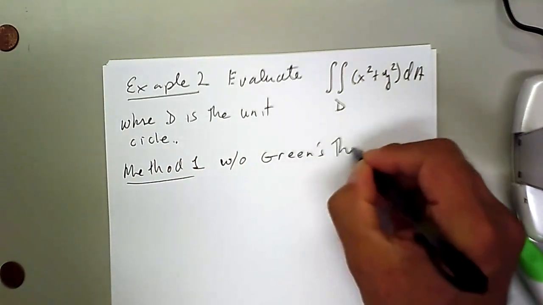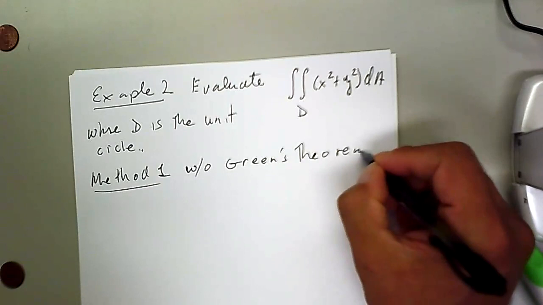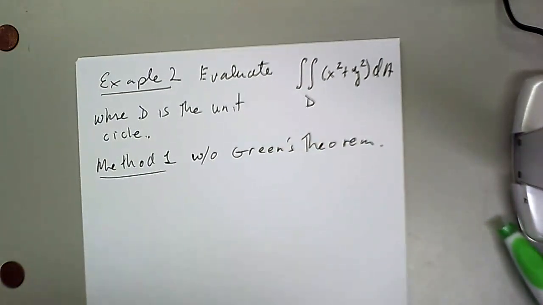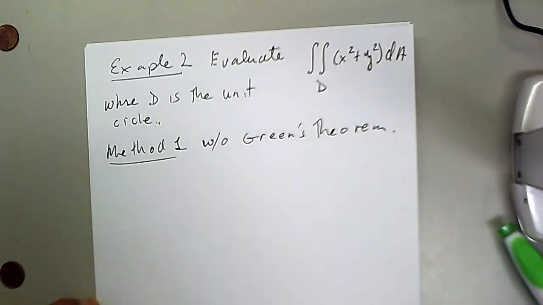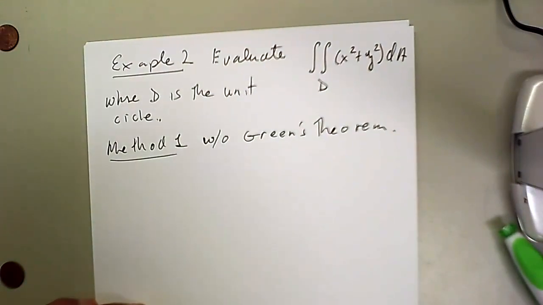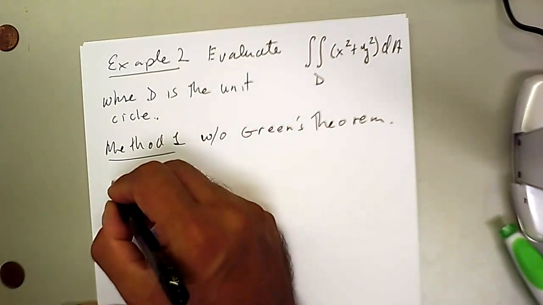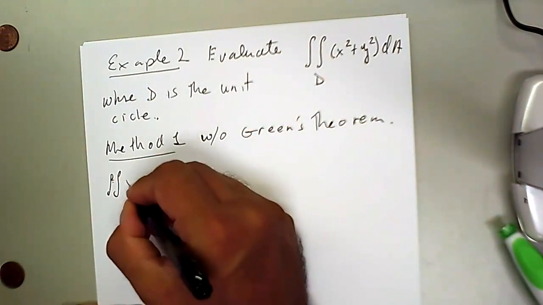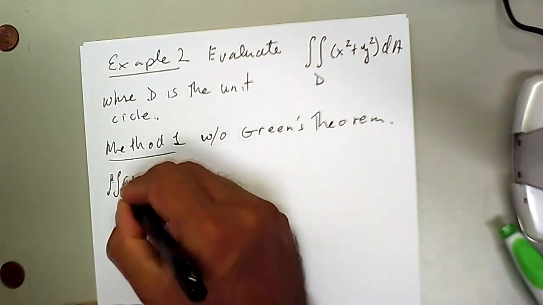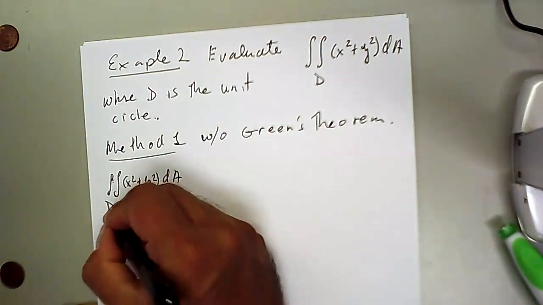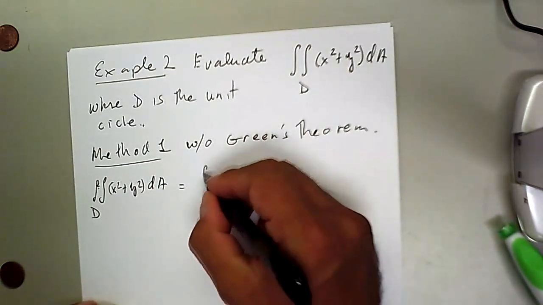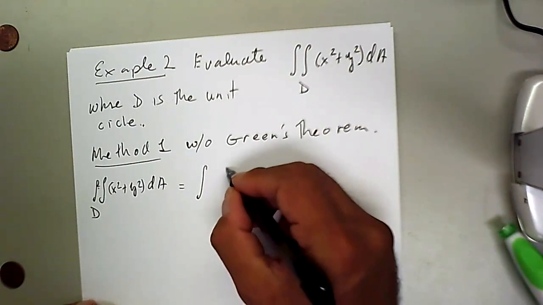Green's theorem. We want to really practice both ways and compare the two. Okay, so the double integral of x squared plus y squared with respect to the area over the unit circle will be the integral of the integral.